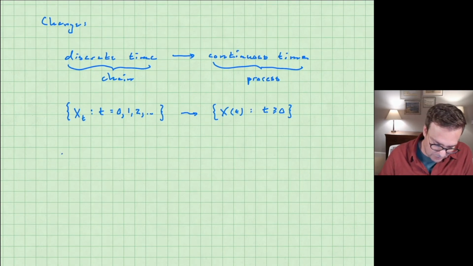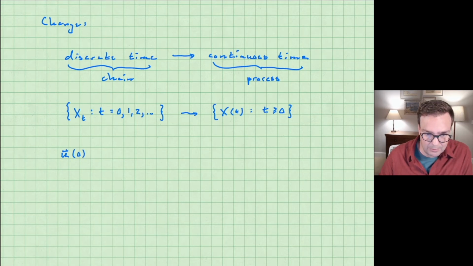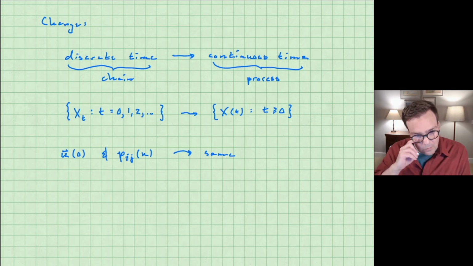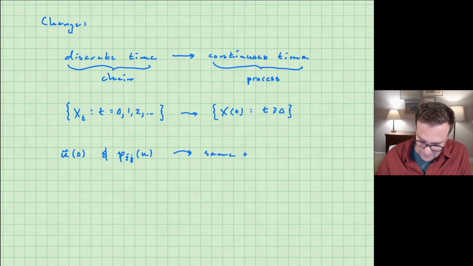One thing, for example, is the distribution vector, u at 0, that we're going to pay attention to, and the n-step transition probability matrix. These are essentially the same. However, what we pay attention to is when the transitions occurred.